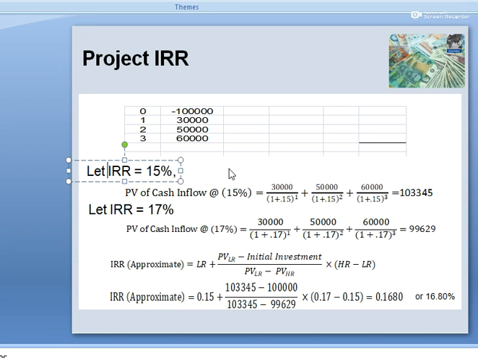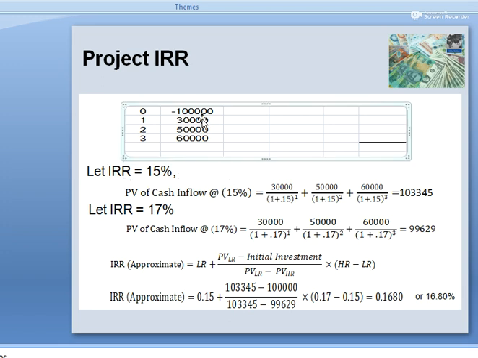We are going to try several discount rates to make the present value of inflows equal to the initial investment. That is, we discount the inflows, 30,000, 50,000, 60,000, using a sample IRR rate to make it equal to or closer to the 1 lakh initial investment.